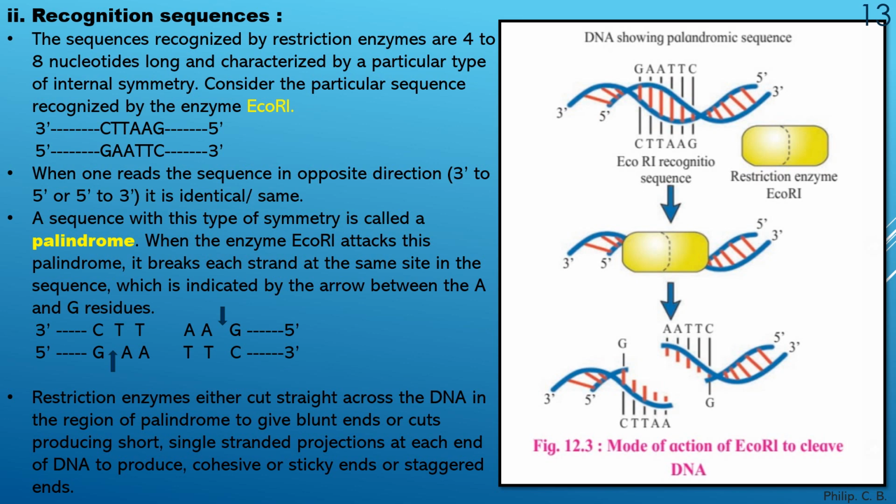As you can see, 3' CTTAA, the arrow, G 5' and 5' G, arrow, AATTC 3'. So restriction enzymes either cut straight across the DNA in the region of the palindrome to give blunt ends, or cut producing short single-stranded projections at each end of the DNA, to produce cohesive or sticky, staggered ends.